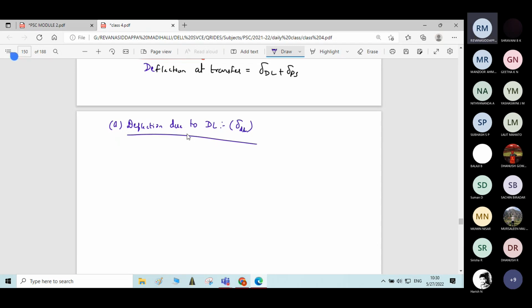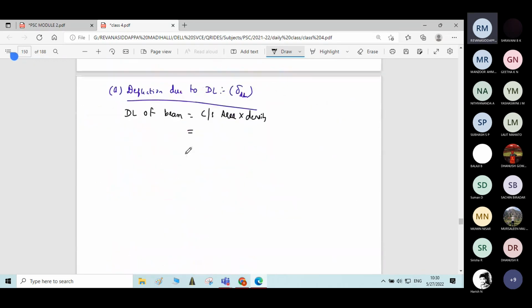We have to follow the same procedure we followed for the previous problem. Dead load of the beam, first you find it. Dead load of beam is equal to cross-sectional area times density. Cross-sectional area is 150 by 300, nothing but 0.15 into 0.3, into the density 24.